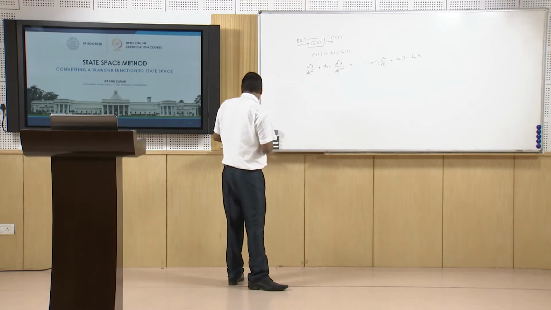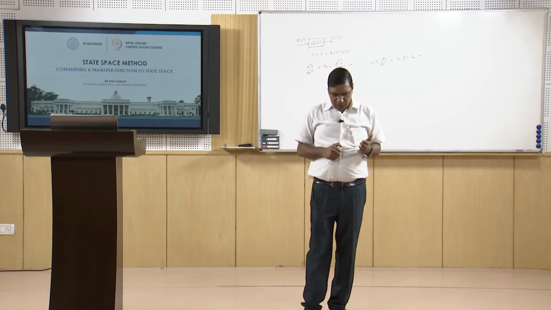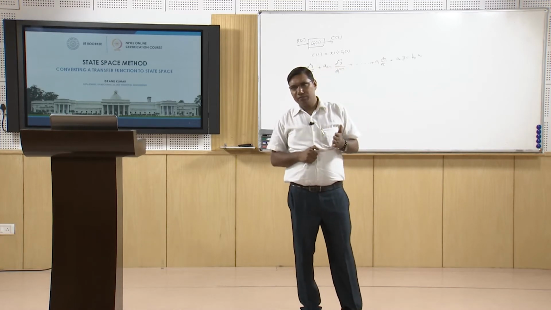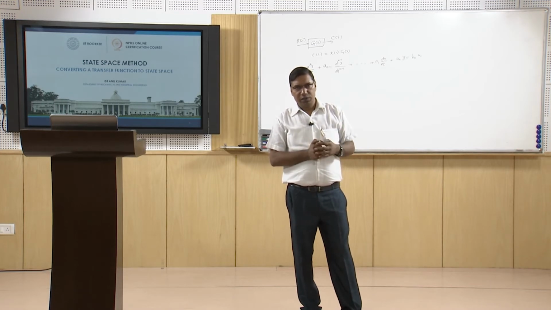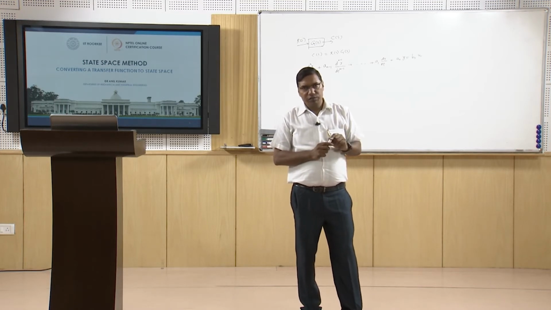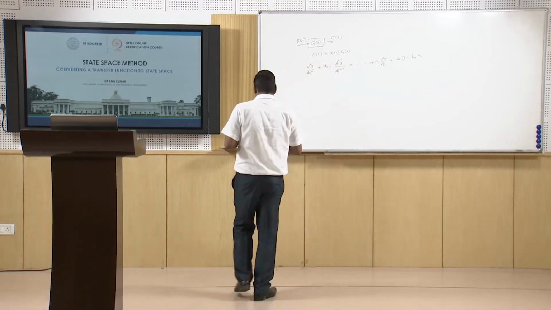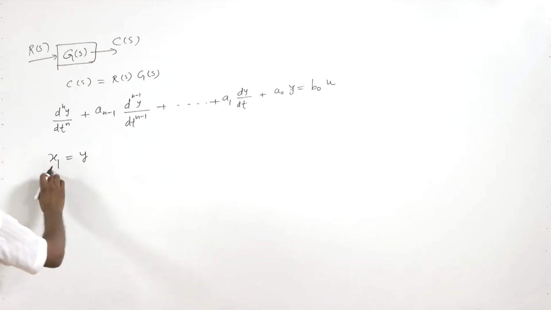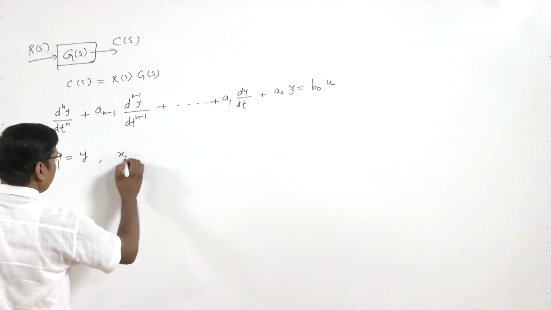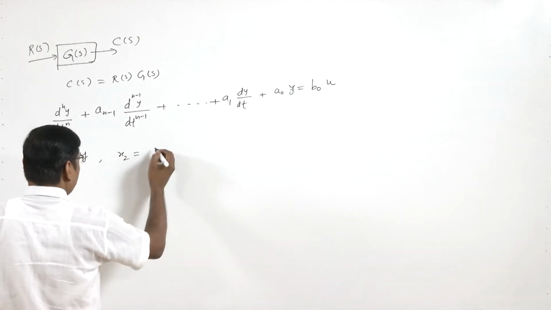Now we have to select the state variables, because in state space we have to represent the state equations, and the state variables here we select as phase variables. We first select the output as one state variable, and the subsequent state variables like x2 equal to dy by dt.